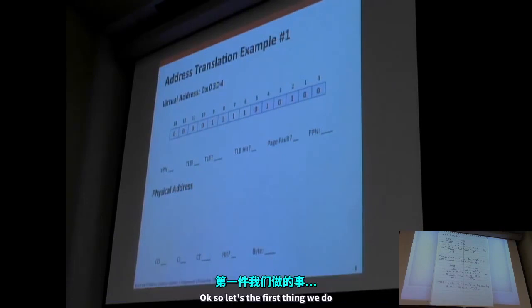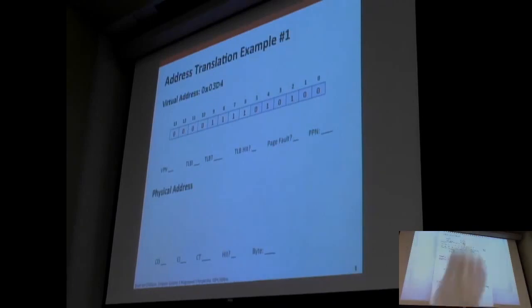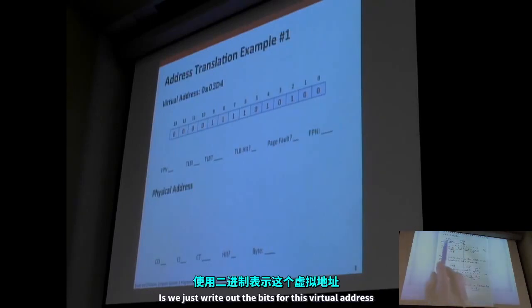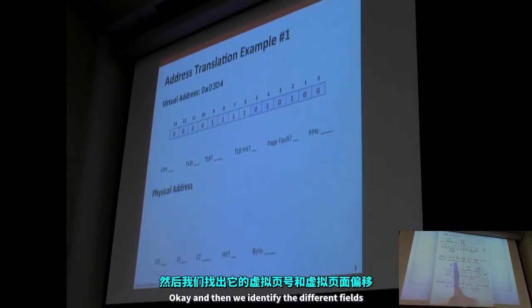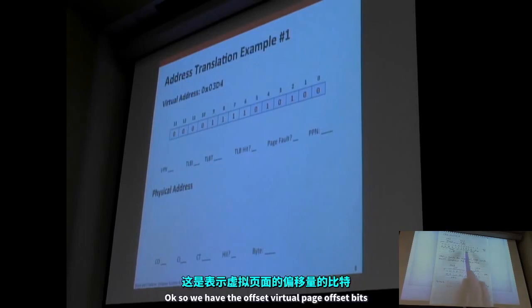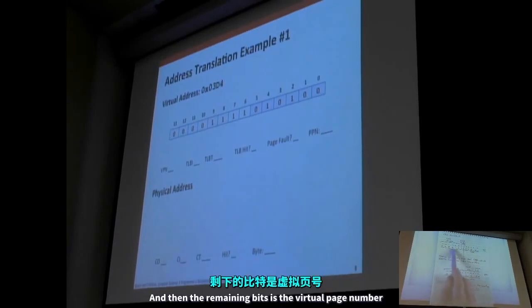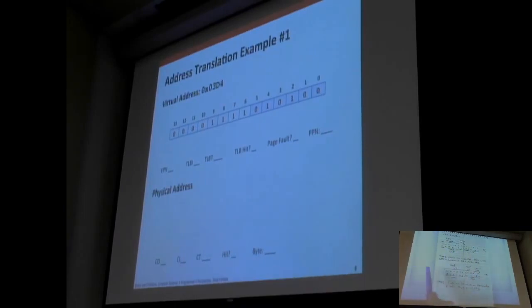So the first thing we do is write out the bits for this virtual address, and then we identify the different fields. We have the virtual page offset bits, and then the remaining bits are the virtual page number.